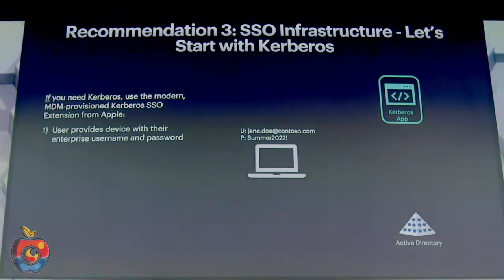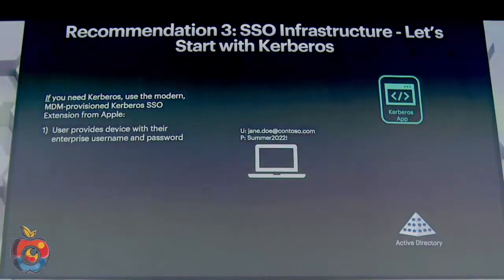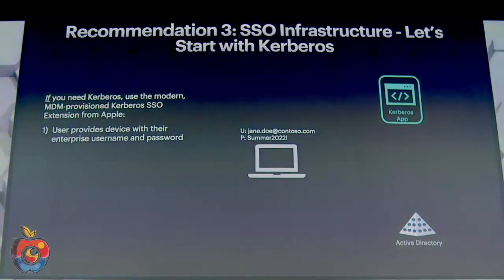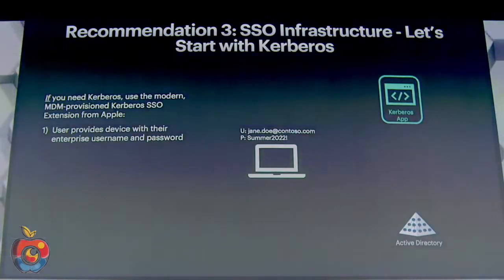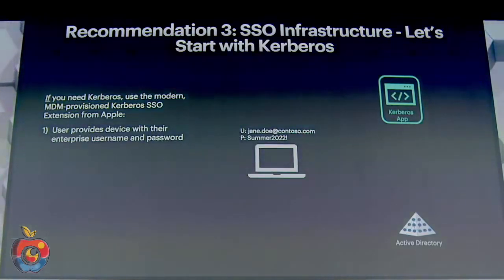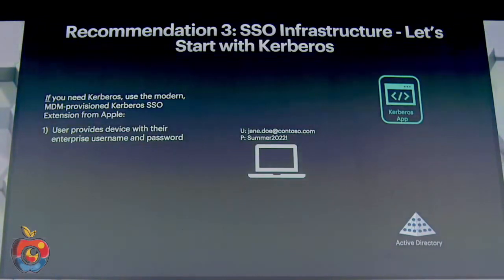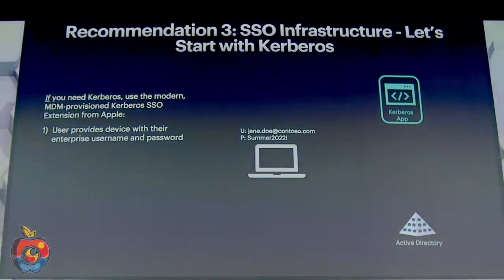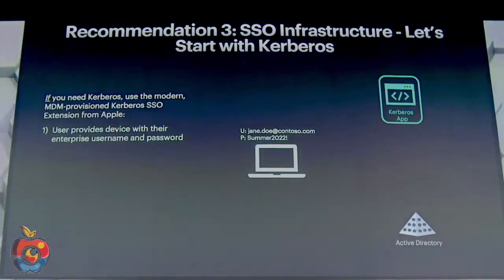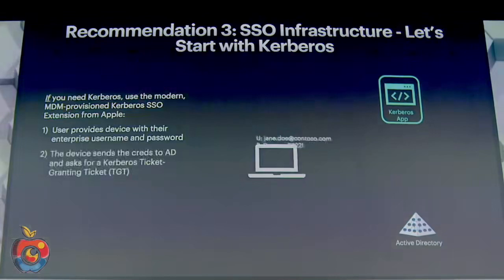So in the Kerberos world, regardless of which tool you're using, the user basically authenticates to the device either at the lock screen if you're doing some password synchronization, or once they land on the home screen and the device detects it has line of sight to a domain controller, it's going to ask for username and password. Active Directory is fairly old at this point, and it only really understands two ways to authenticate: username and password or certificate. That's it. So in most orgs, this is username and password.